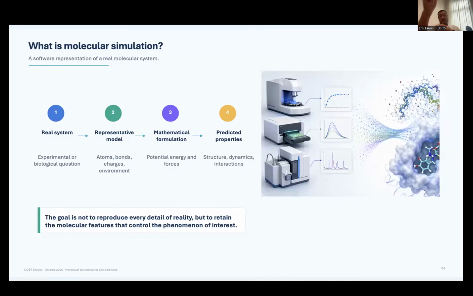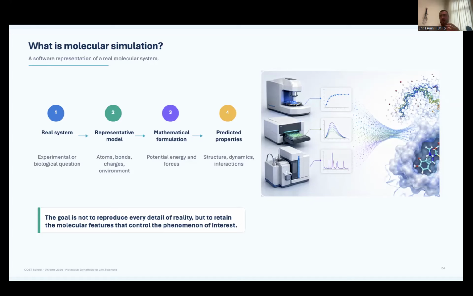Atomistic molecular simulation is a software representation of a real molecular system. So we have to start from a real system, coming from an experimental or general biological question. So we have to answer some experimental question. To answer this real experimental question, we have first to create a representative model, a starting structure of our molecular system.